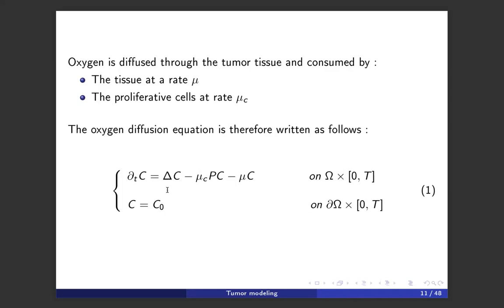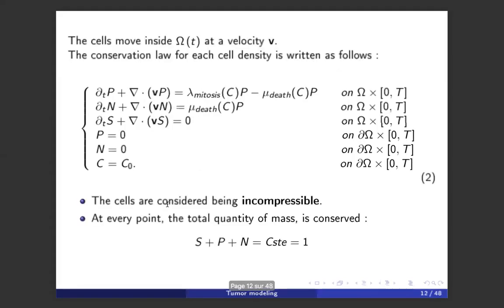The oxygen diffusion equation can be written as follows, where P is the density of the proliferative cells, and we suppose that outside the tumor C equals C0, a quantity of oxygen on the free boundary.